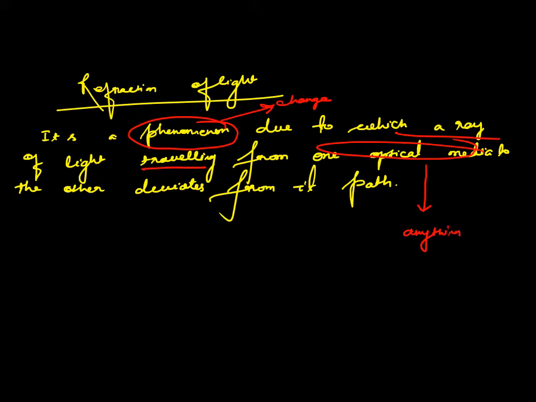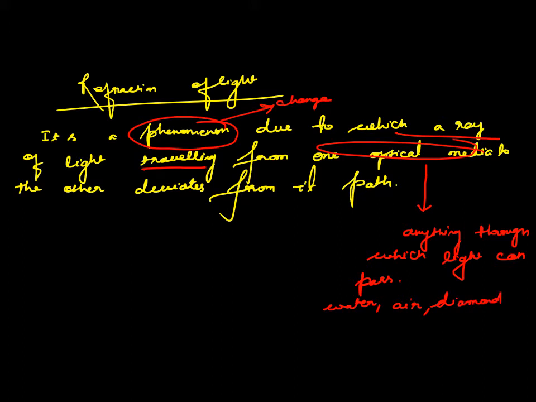Anything through which light can pass. So you have water, air, diamond, glass, etc. These are all referred as optical media. What happens there?